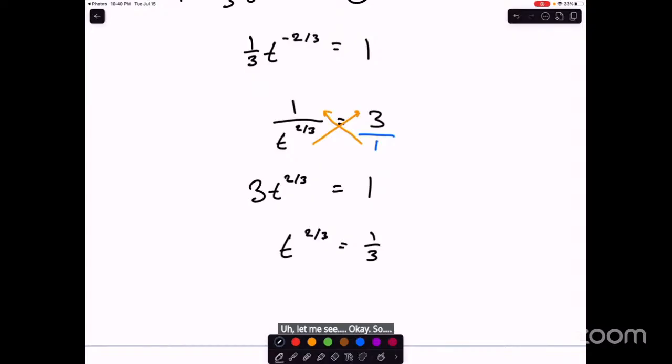So to undo that power, if we have t to the power of 2/3, the inverse would be to raise both sides to the power of 3/2. So we're going to raise both sides to the power of 3/2. With a power to another power, we multiply the exponents. So on the left, that basically becomes t to the power of 1.